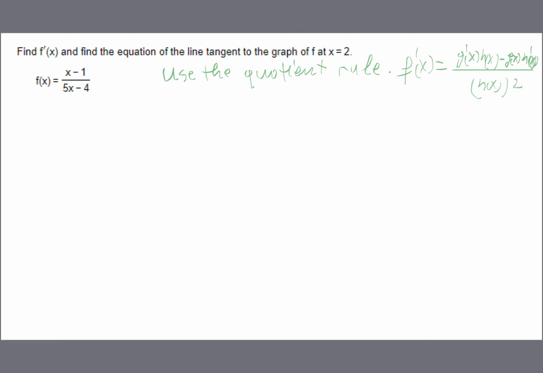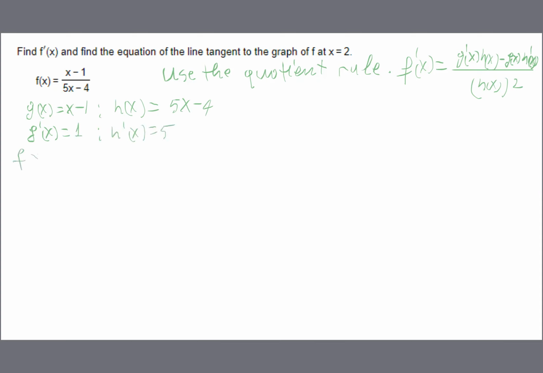So in our case, the numerator g of x is x minus 1. The denominator h of x is 5x minus 4. g prime of x is 1. h prime of x is 5.